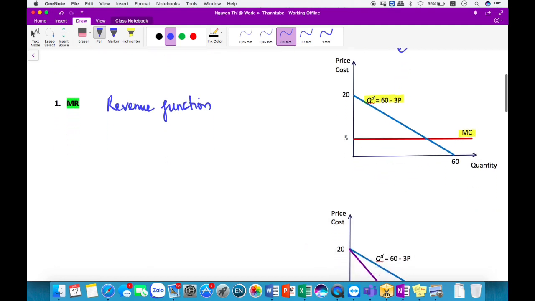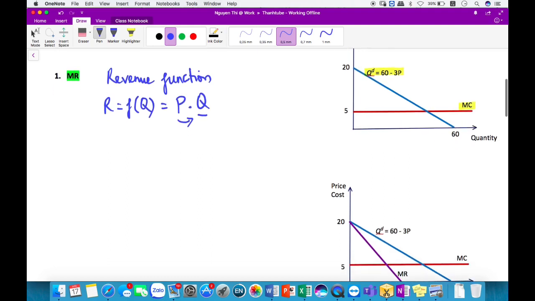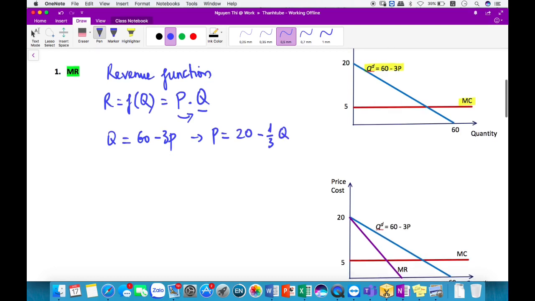Revenue is a function of quantity, and is equal to the price times the number of units sold. So you keep the quantity and transfer price into quantity by using the demand curve. You have Q equals 60 minus 3P, or P equals 20 minus 1/3 Q. Just replace that into the above equation.